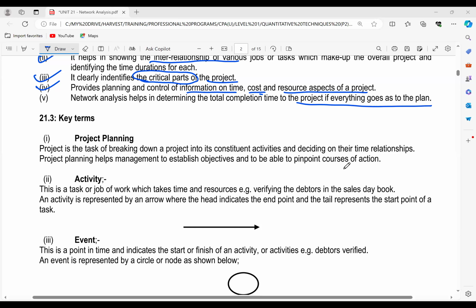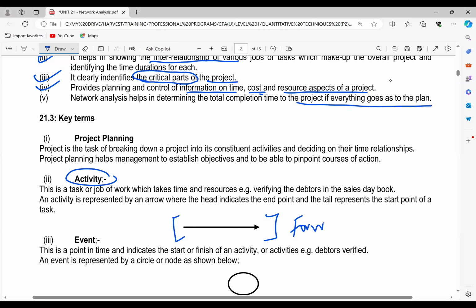Now, the main output of the process is the network diagram, which shows the activities and events within the project. One of the major components of this network diagram are the activities, which are denoted or represented by a forward moving arrow.